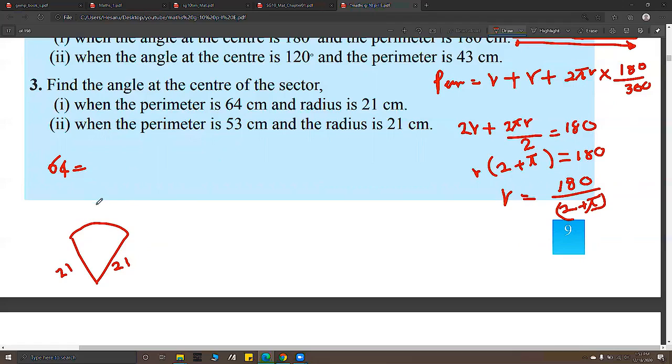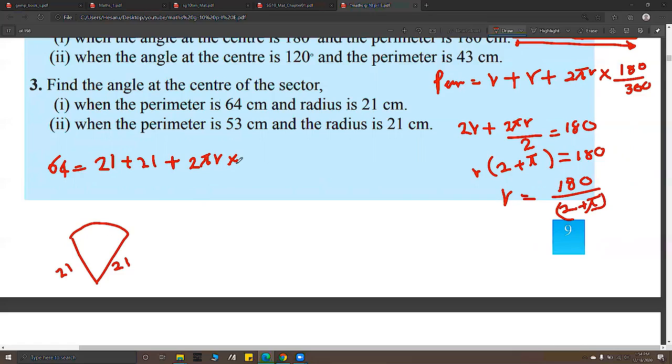Okay, so we will write an equation. 64 is the perimeter, which equals 21 plus 21 plus the arc length. In order to find out the arc length, we can write 2 pi r times the angle. What is the angle? Here, the angle is not known. It's unknown. That's what we are asked to find out.